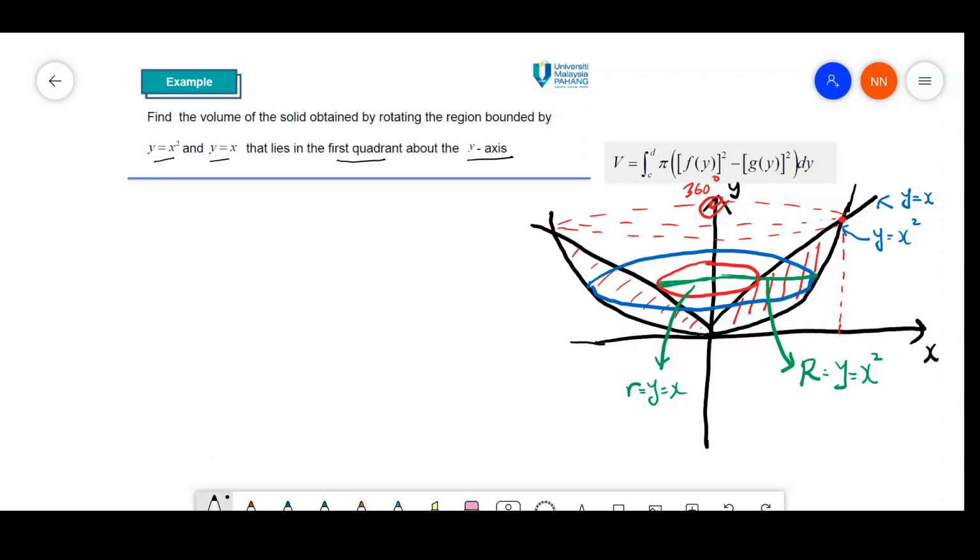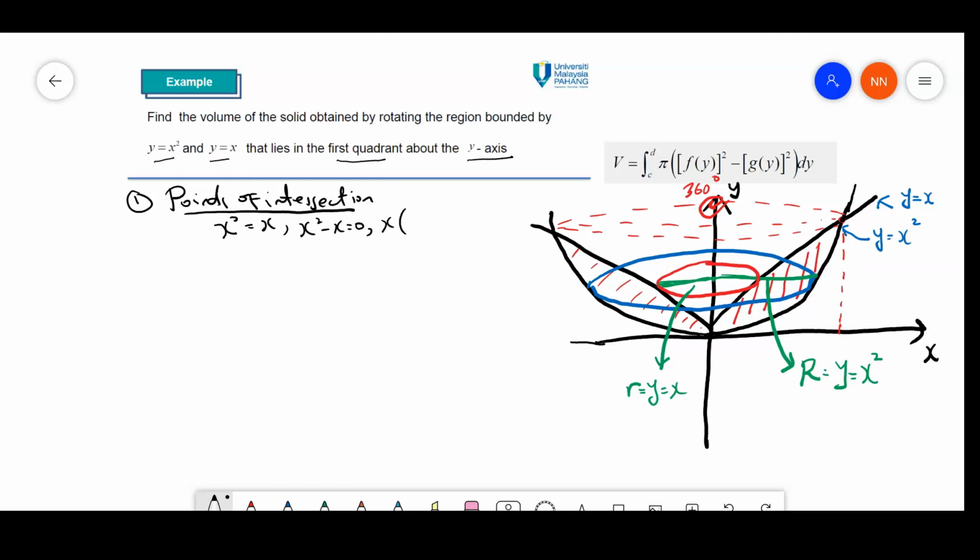Before we calculate the volume, we find the point of intersection first. Actually, the point of intersection is similar to example 1. Solve these two functions simultaneously: x squared equals x, so x squared minus x equals 0.